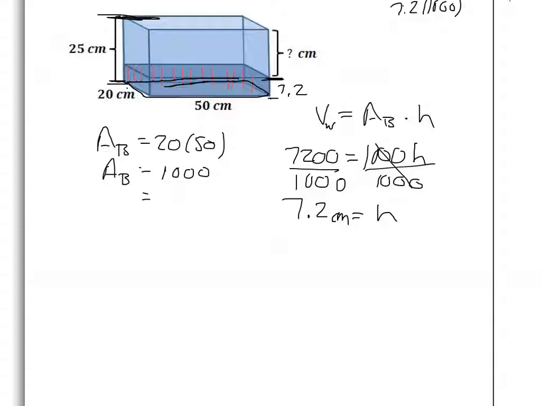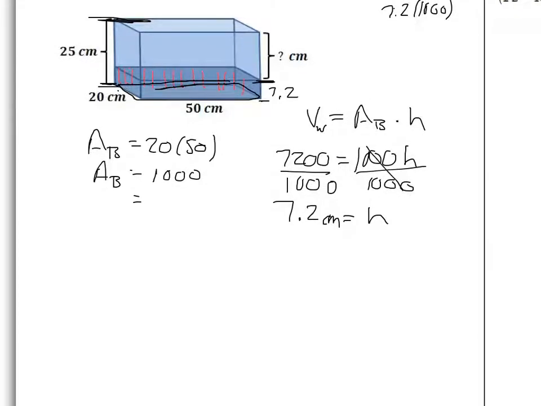You should have discussed amongst your group that if it's 25 centimeters tall and 7.2 of it is taken up by water, that's going to leave me with the subtraction: the height of the empty space is equal to 25 minus the 7.2 that's taken up with water.